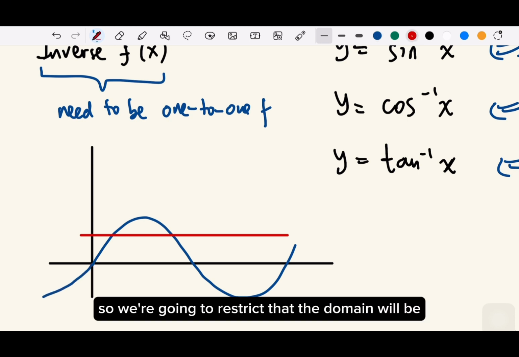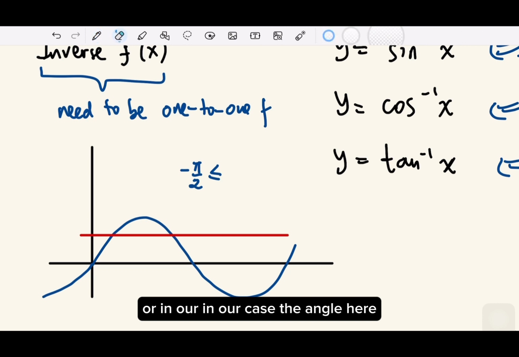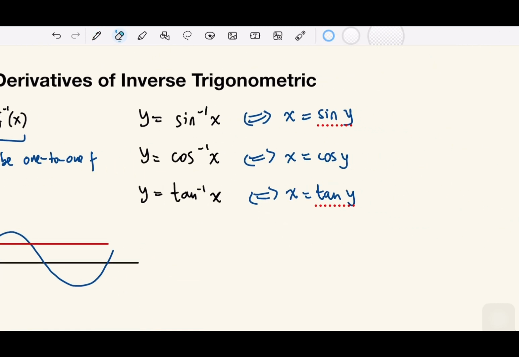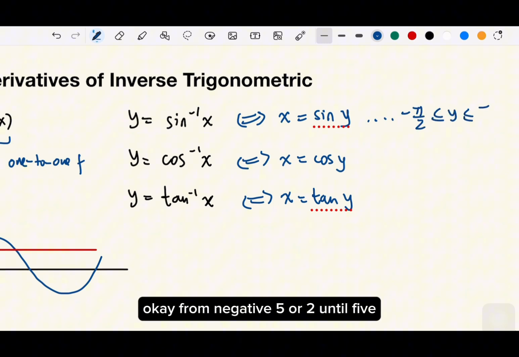So we are going to restrict the domain, or in our case, the angle here needs to be from this interval, from -π/2 until π/2.